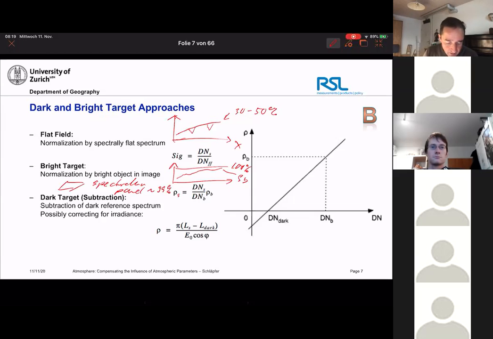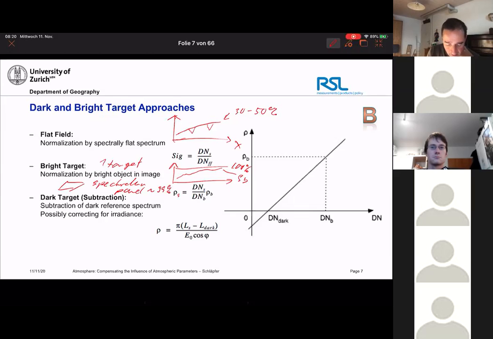So one single target. Then the dark target approach, that's what you did in your exercises, more or less. Well, you only did the subtraction of the dark signal in your exercise. And if you'd not have it calibrated, you could even divide by the average irradiance, and that's how you'd get a reflectance as well.